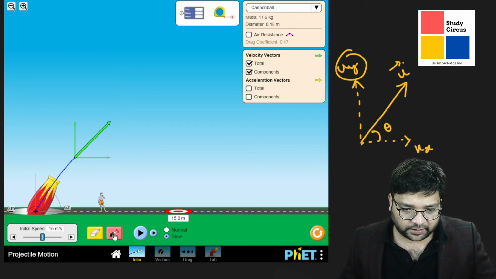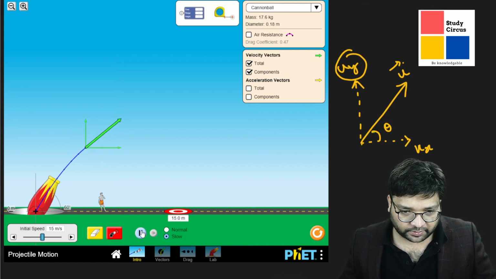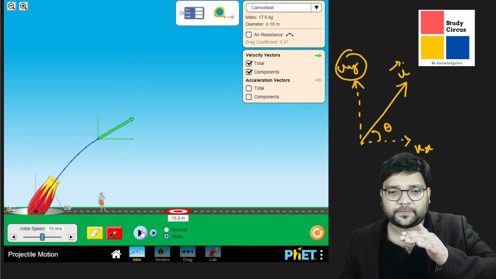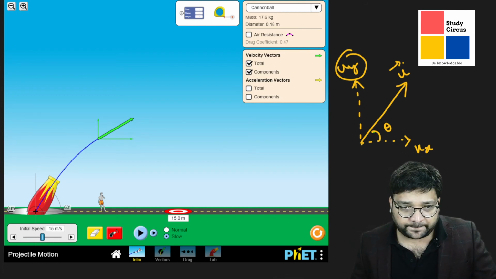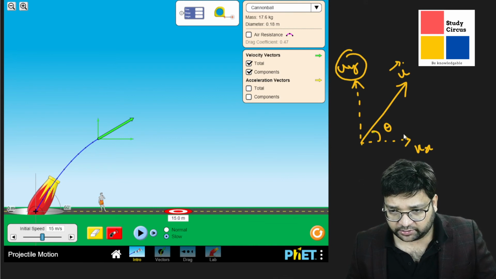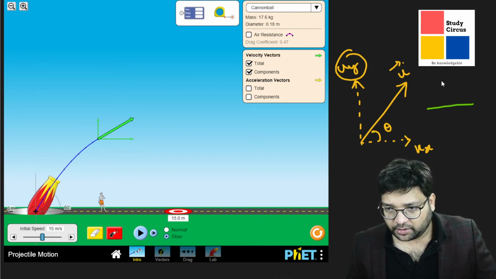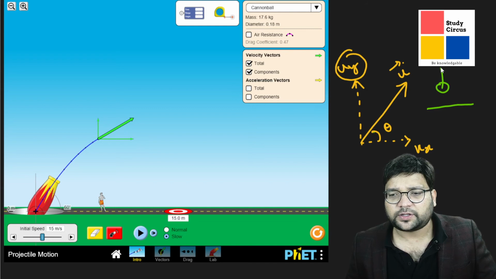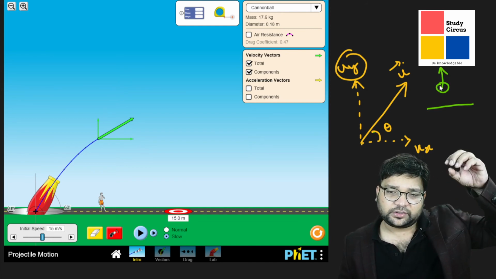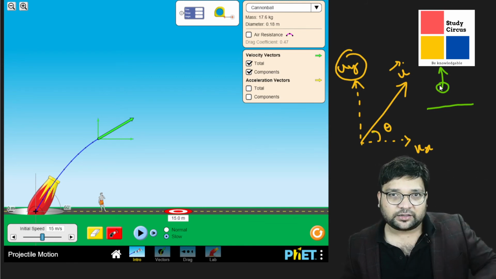Let's see now, as it is going up, what is happening? It's like when you throw something vertically upwards: the speed gradually decreases, it comes to a halt and then starts falling back.